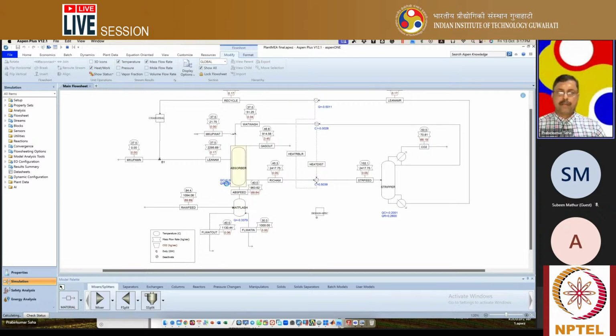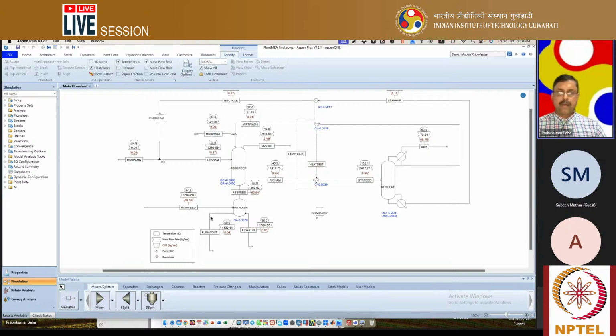So basically it's an absorber-stripper combination where CO2 is fed through the raw feed and lean amine is passed through it. In the absorber, CO2 is absorbed by lean amine and the rich amine goes to the stripper, where the CO2 is released and the lean amine is recycled back into the system.